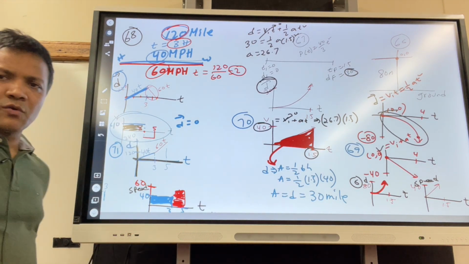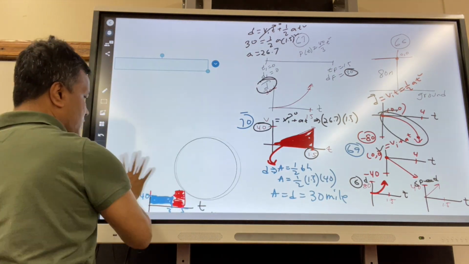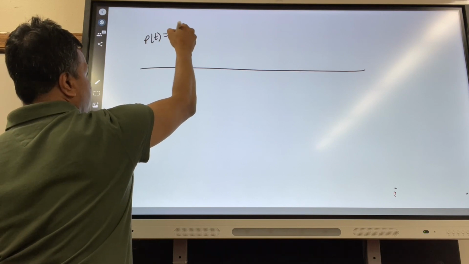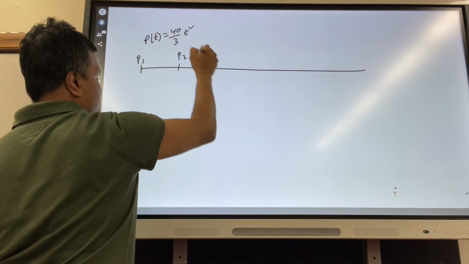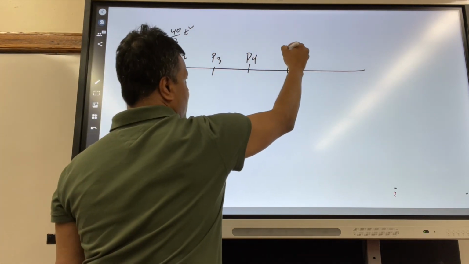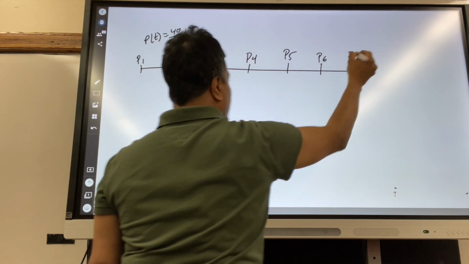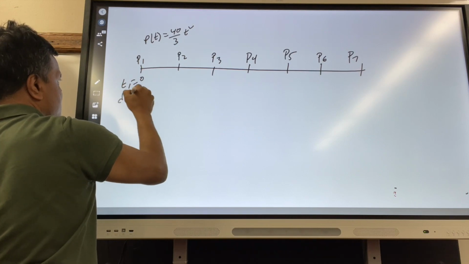All right, now I'm going to go over the extra credit problem. P of t is 40 over 3 t squared, and these points are 0.1, 0.2, 0.3, 0.4, 0.5, 0.6, and 0.7. Point 1 is t1 0, d1 0.